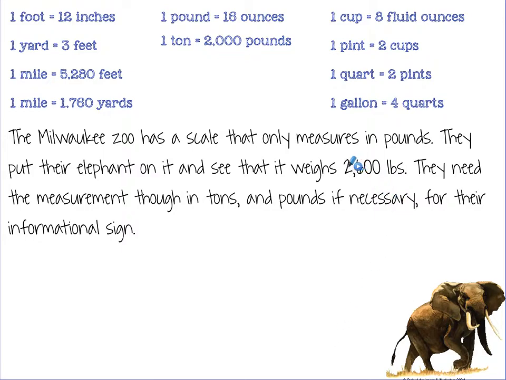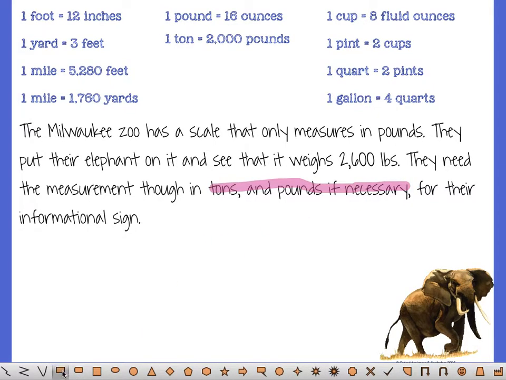Looking at this, we know that they're looking for tons and pounds. So that's the question. And boxing important numbers, I'm actually going to cheat here and make a box that apparently has white edges so you can't see it.